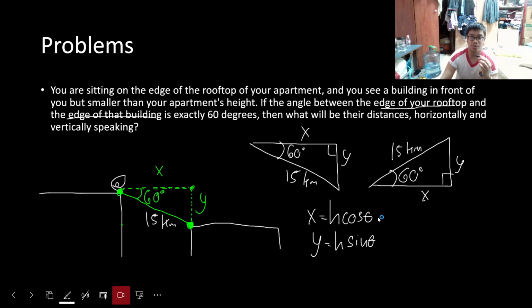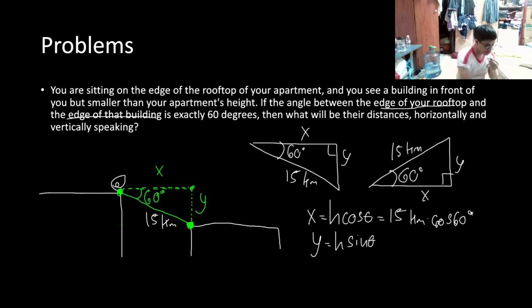All right? So to find the horizontal component, we will multiply the hypotenuse, 15 kilometers, times cosine of the given angle, which is 60 degrees. If you use a calculator, 15 cosine 60 is exactly 7.5 kilometers. That's the answer for the horizontal distance.